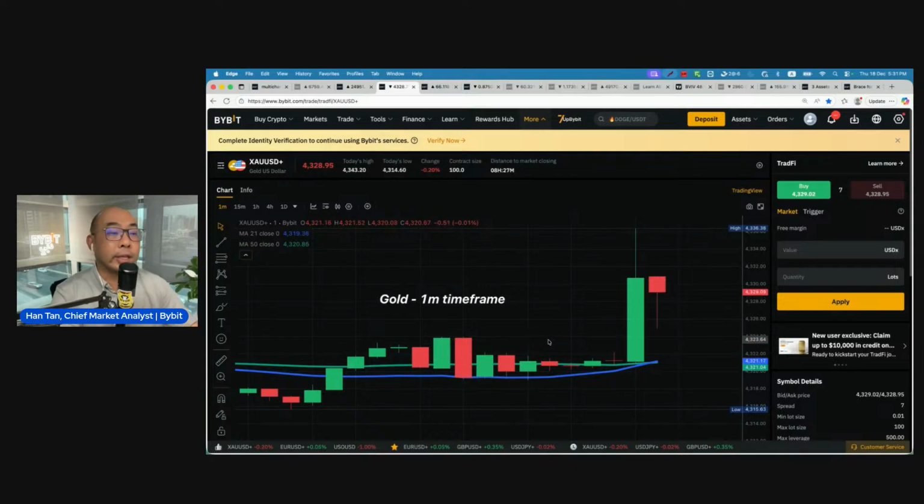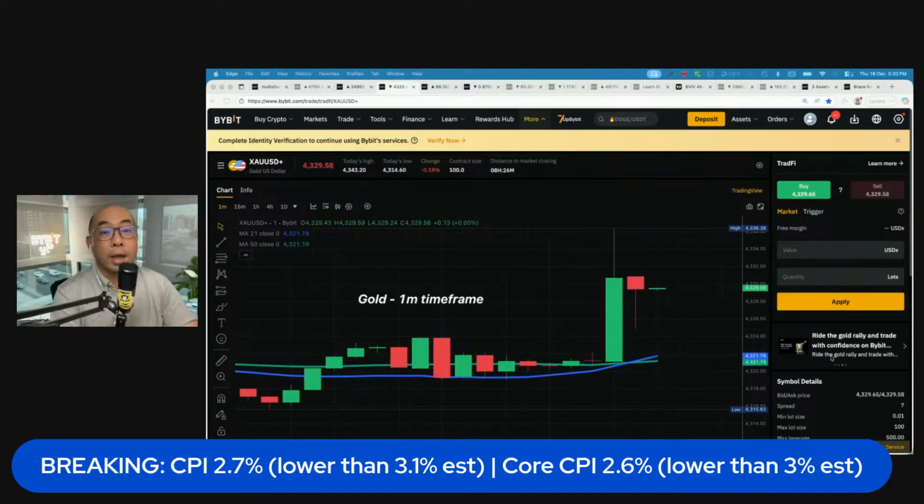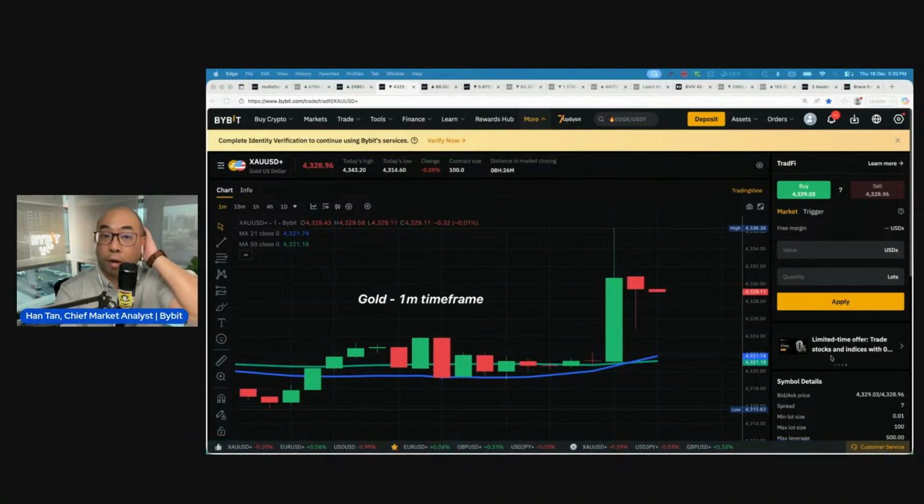And this one is riskier, right? Because you have to guess which way the CPI will come in. Right now, the official CPI numbers came in lower than expected. That boosts the chance of Fed rate cuts in January, or even for all of 2026, so gold went up.